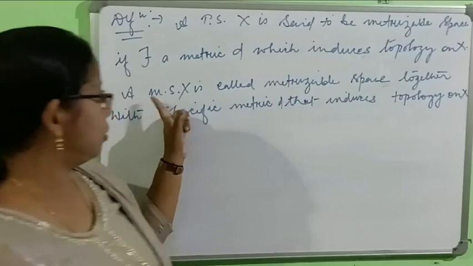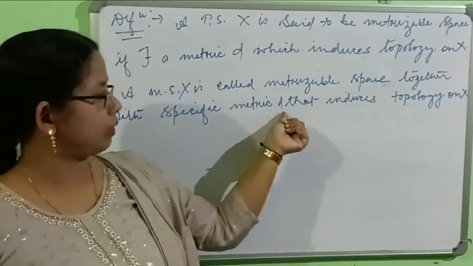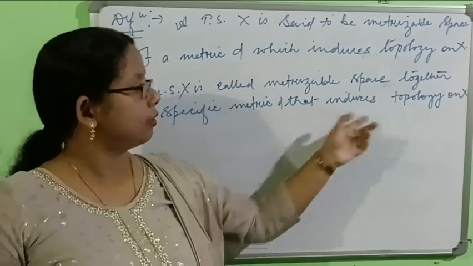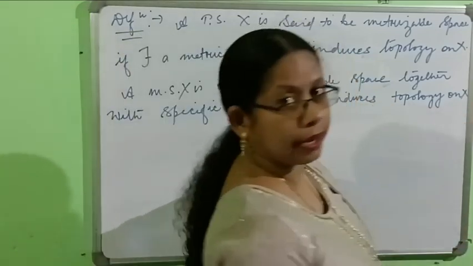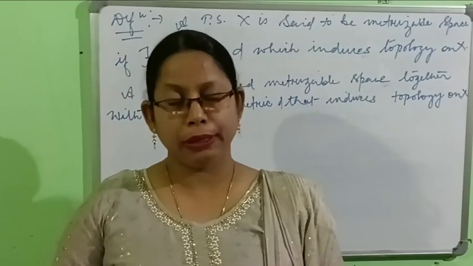A metric space is also a metrizable space together with a specific metric d that induces the topology on X. With that, I would like to conclude. Remaining will be in the next lecture.